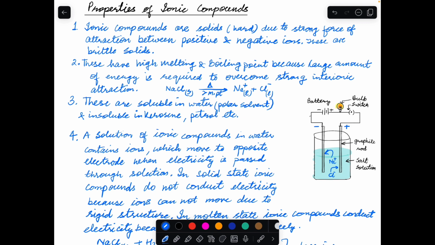This is what we call molten sodium chloride. So molten sodium chloride is basically a source of positive and negative ions which are free in the medium. This is molten salt or molten sodium chloride.